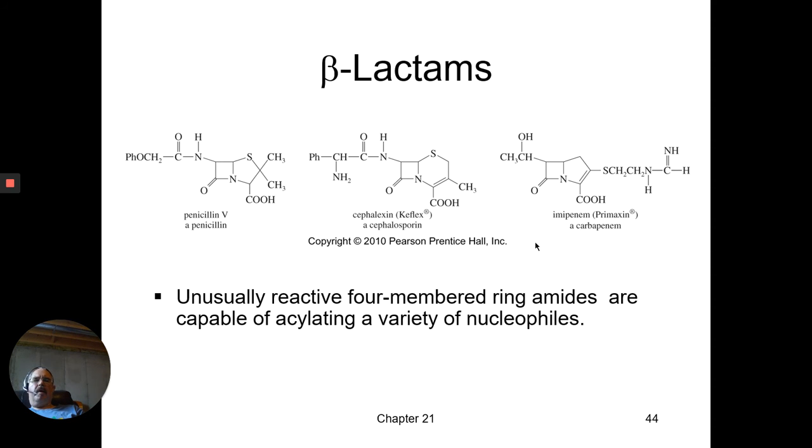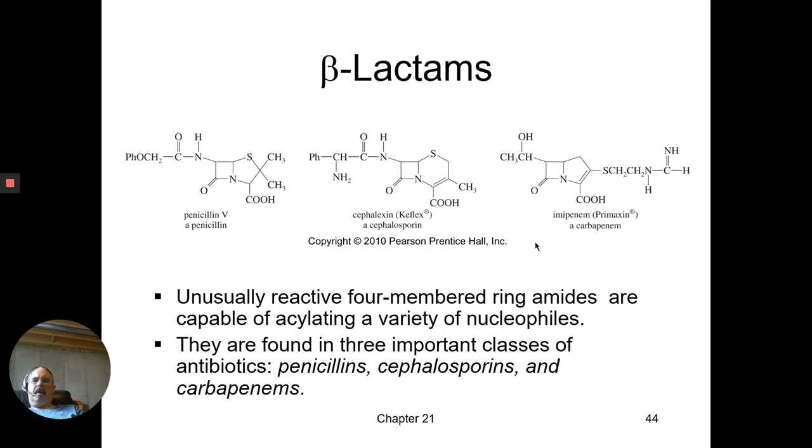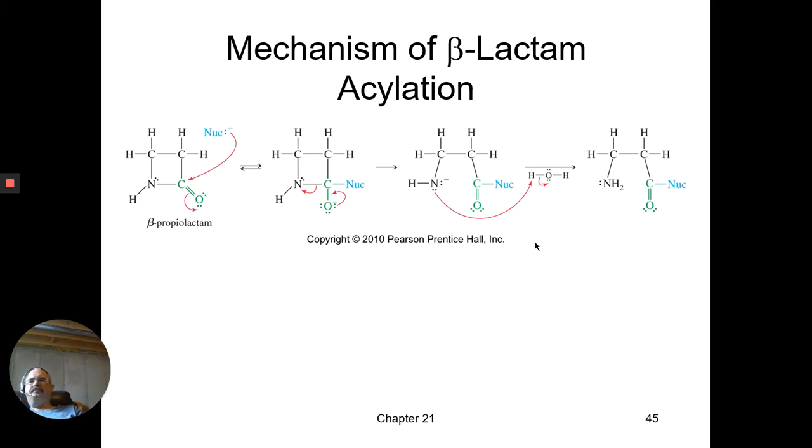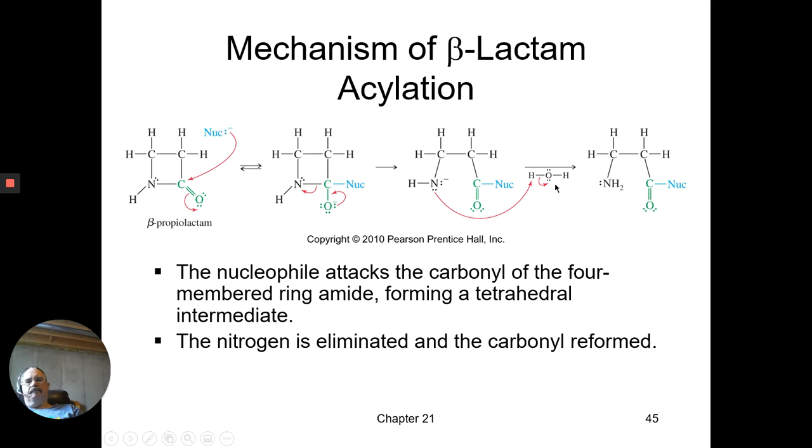The 4-membered ring is unusually reactive, largely because of ring strain, and it can react with a variety of different nucleophiles. So the nucleophile attacks the carbonyl, and in this substitution reaction, the ring undergoes opening. Nitrogen then picks up a proton from water.